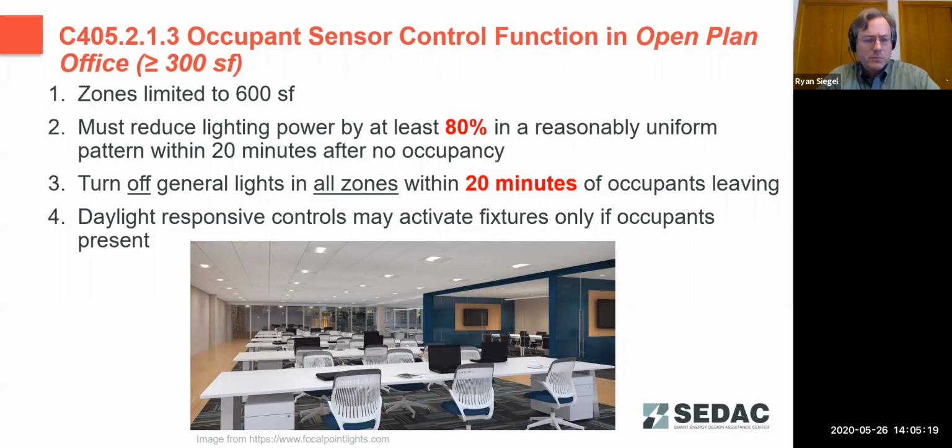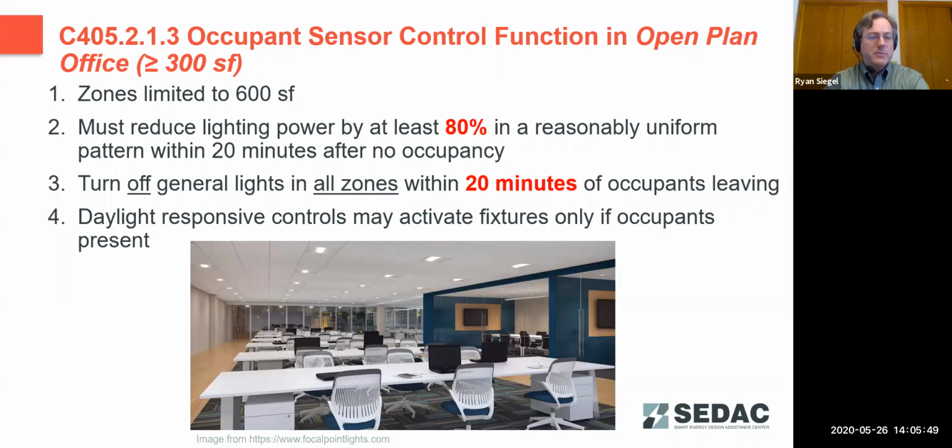By controlling 100% of the lighting in its zone, all the lights will be off whenever all the zones are unoccupied. Alternatively, you can tie all the sensors together so that each sensor controls at least 80% of the lighting in its area, and then the remaining 20% is triggered once there is no longer a call for lighting in any of those zones.